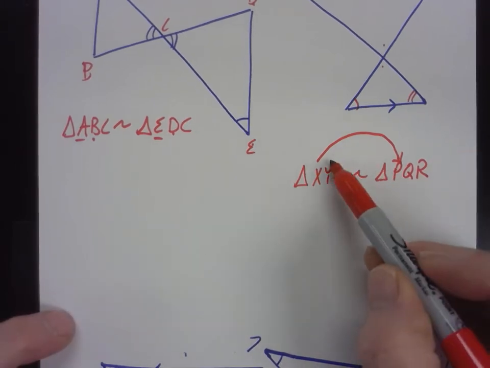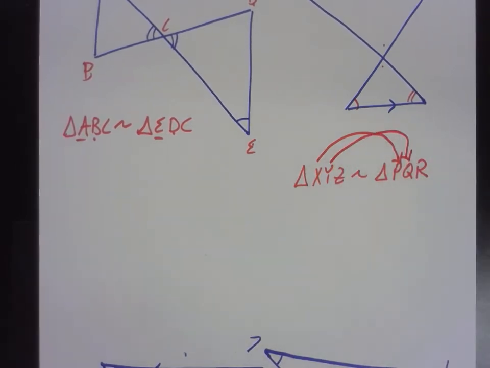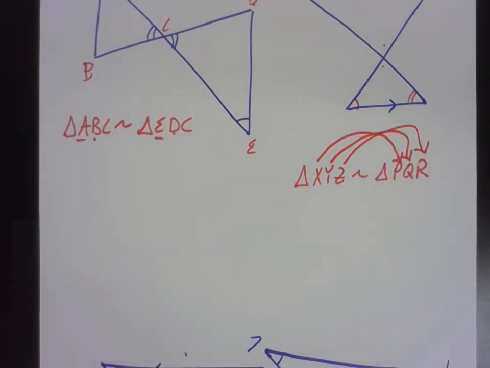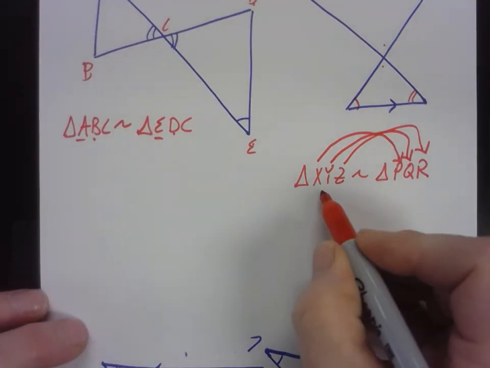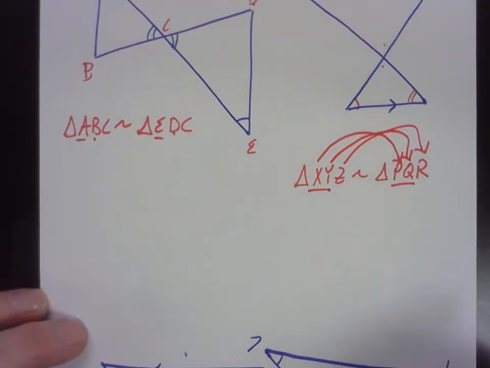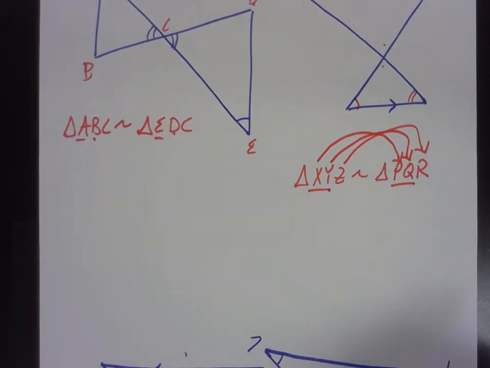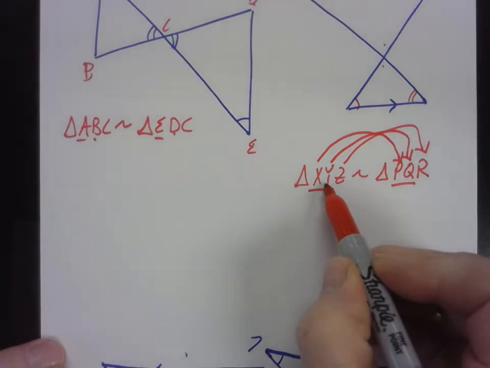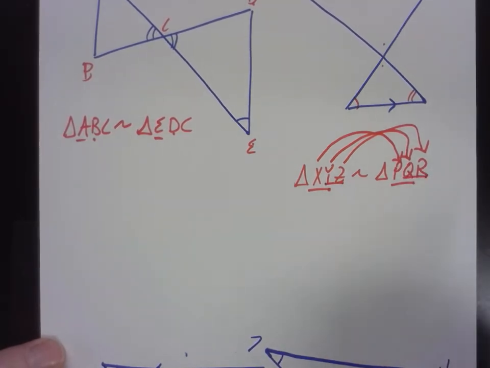Michael, what do you know about Y and Q? They're also congruent. Zach, what do you know about Z and R? Okay. Easton, what do you know about segment XY and segment PQ? They're proportional. You're not Easton, but good job. Yeah, they're in proportion. So segment YZ and QR, they're going to have that.